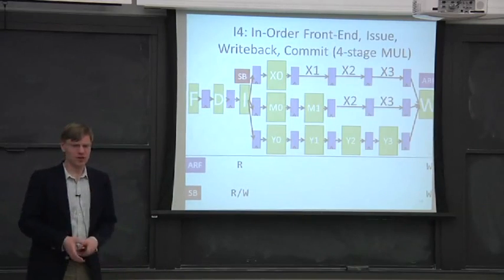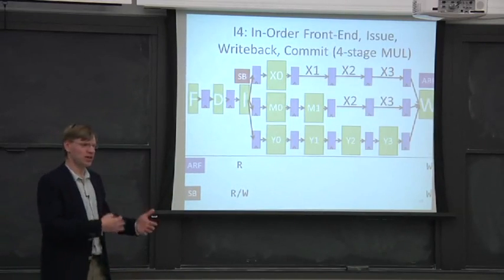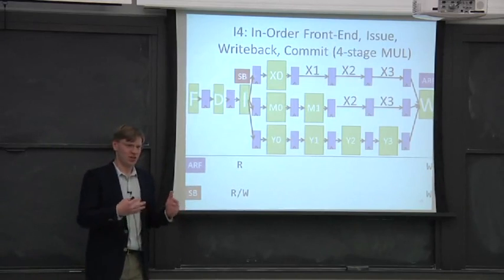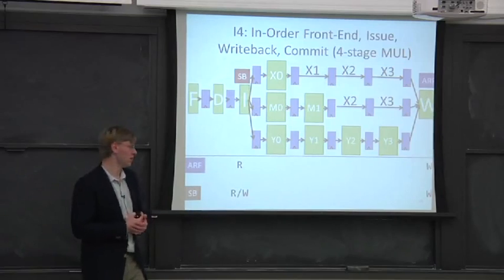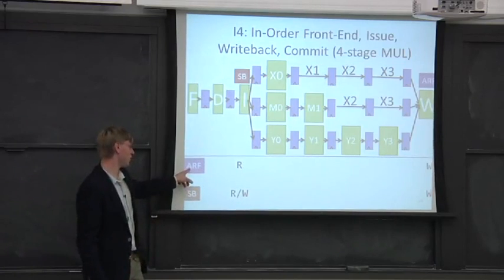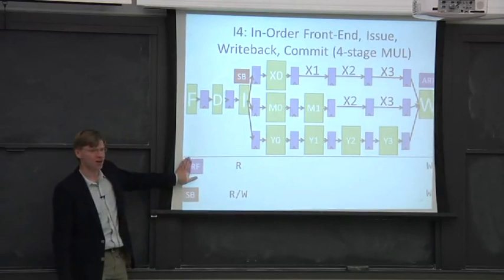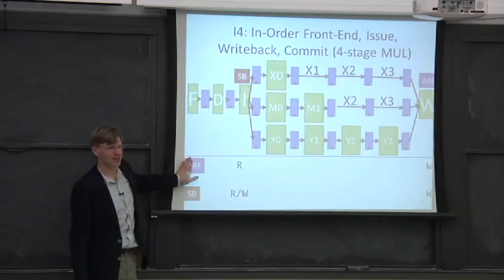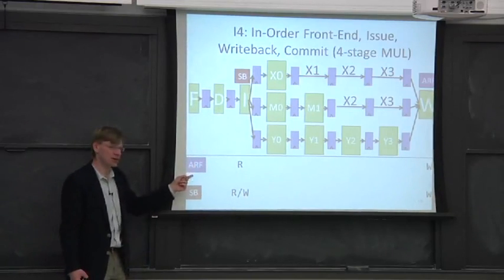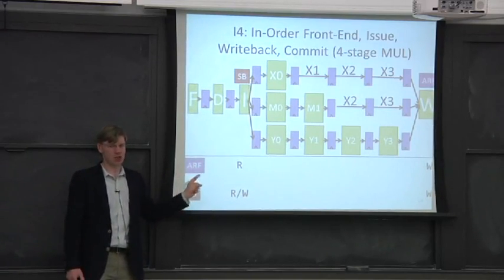So the architectural register file is where we keep the canonical state of the machine that has been committed. Hence, it's called architectural register file. If you see me say register file, that may or may not be an architectural register file. It may have in-flight values, but the architectural register file is the committed state of the machine.